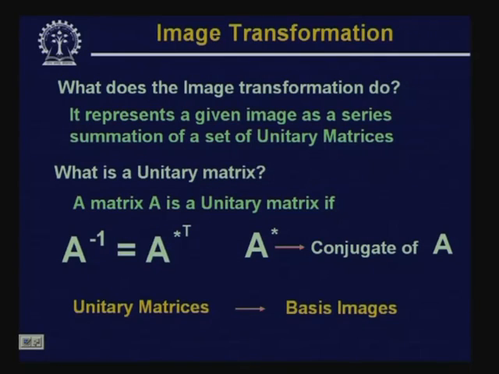So, a matrix A will be called a unitary matrix if the inverse of the matrix is the same as, first you take the conjugate of the matrix A, then take its transpose. So, A inverse will be equal to A star transpose, where A star is the complex conjugate of the matrix A, that is, the complex conjugate of each and every element of matrix A. And these unitary matrices we will call the basis images.